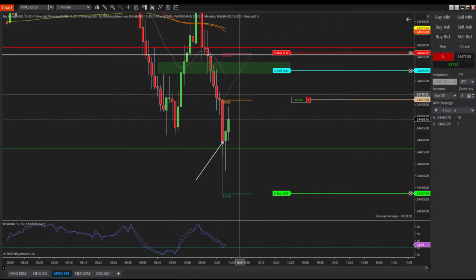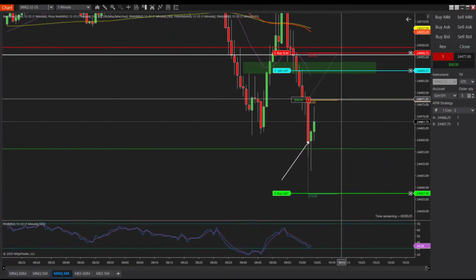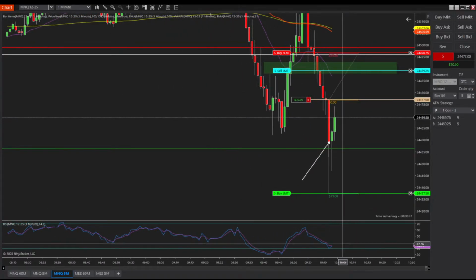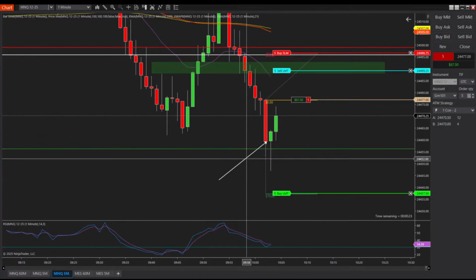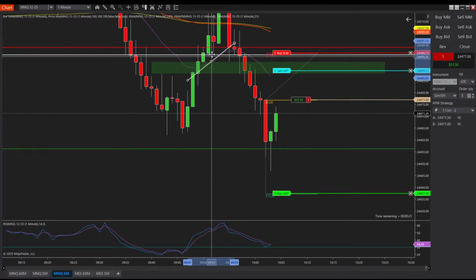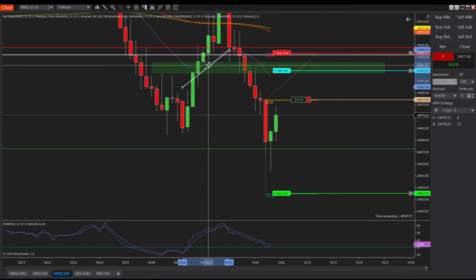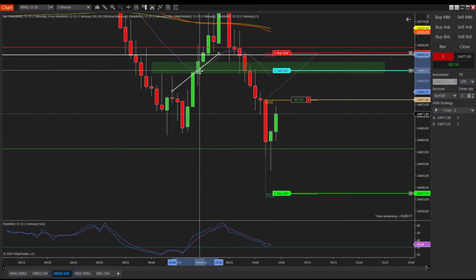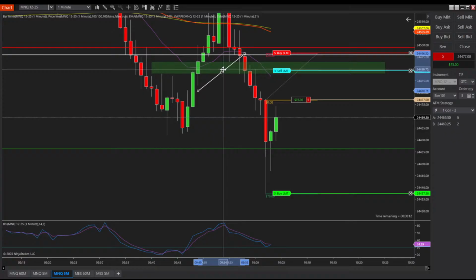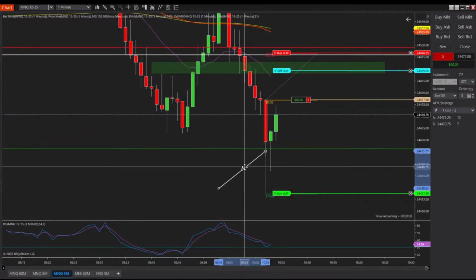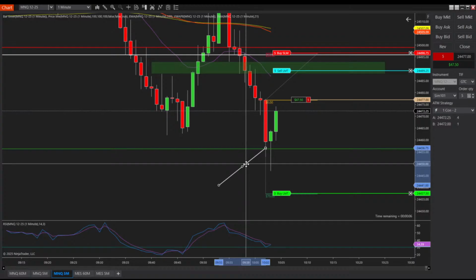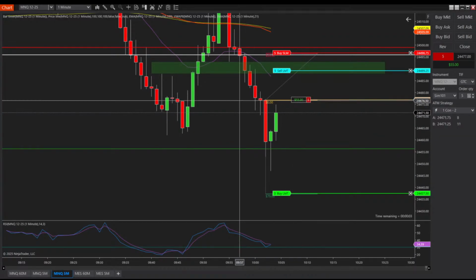There's so many different ways you can manage your trade. It's really an endless amount of styles that you can choose. You can short on the first red candle, or you can choose to wait for the cross of the 21 EMA, which is this purple line right here. You just have to pick what style you think works best for you, and then expand on that.